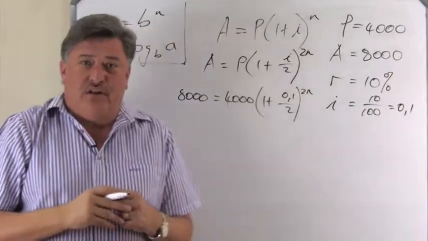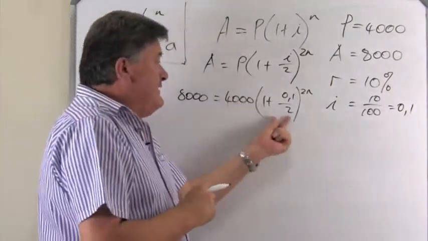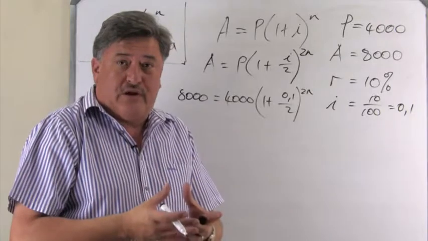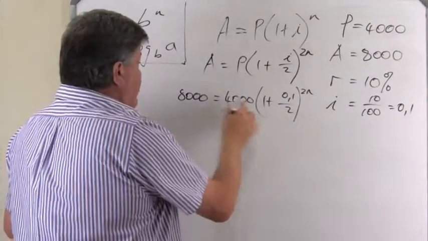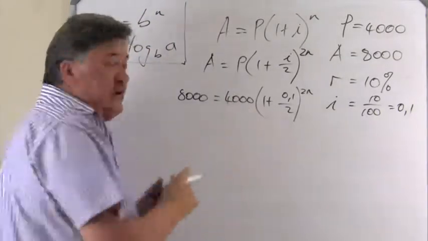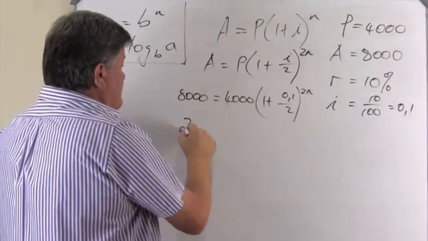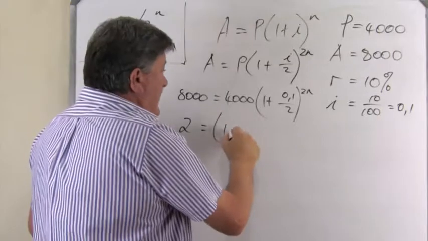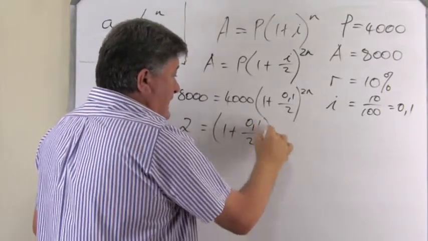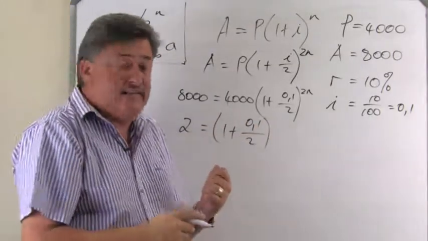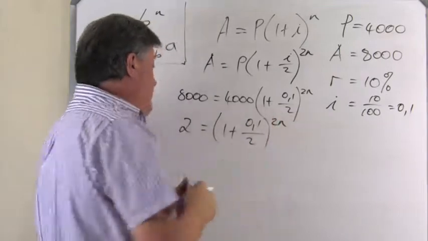We're now going to do a little bit of manipulation. We want this bracket on its own so that we can solve for n. So we will divide both sides by 4,000 like we've done in the previous example. 8,000 divided by 4,000 will equal 2. The bracket you may leave like this. We can put it like this on the calculator, with the exponent of 2n.